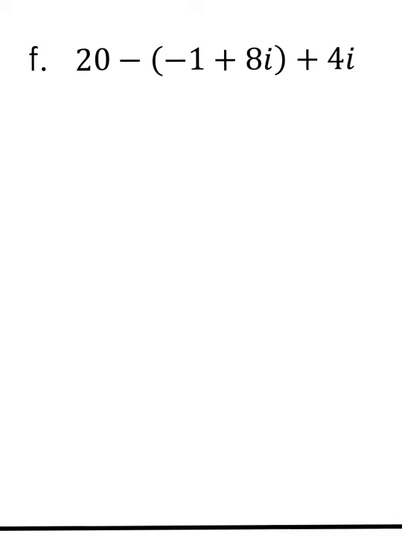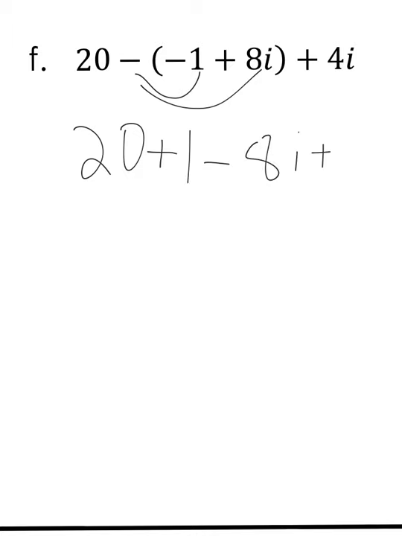And the last example I have in this video, I'm going to distribute this negative. So 20 plus 1 minus 8i plus 4i. Then 20 plus 1 is 21. Negative 8i plus 4i is negative 4i.